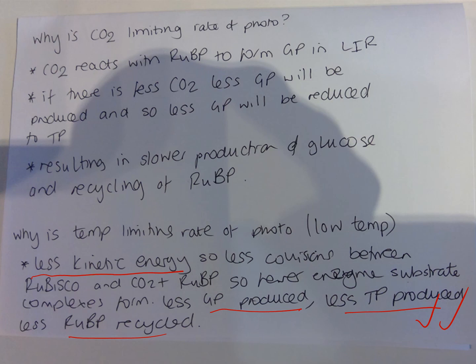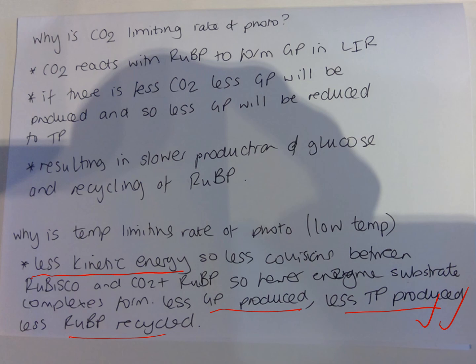Okay, because I've answered them in a different order, I'm now going to review the carbon dioxide one before I do the high temperature. So why is carbon dioxide limiting the rate of photosynthesis? This student has said, well, carbon dioxide reacts with RuBP to form GP in the light independent reactions. If there is less carbon dioxide, there'll be less GP produced, and so less GP will be reduced to TP, resulting in a slower production of glucose and recycling of RuBP.